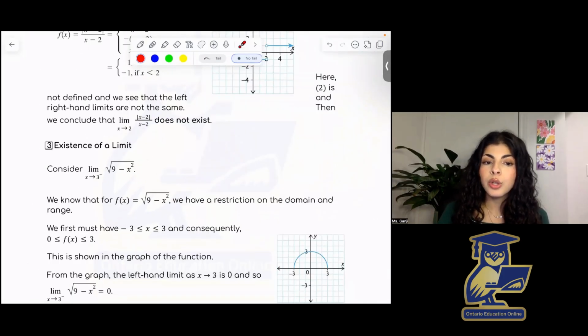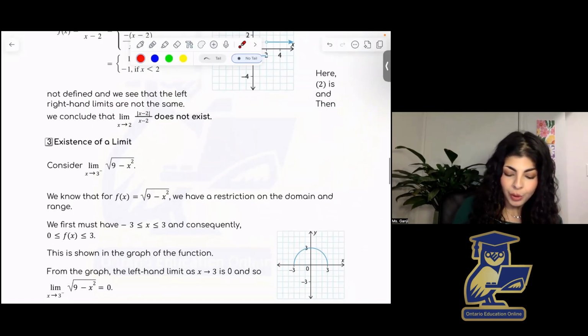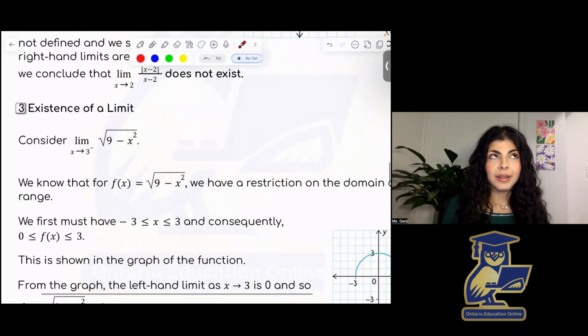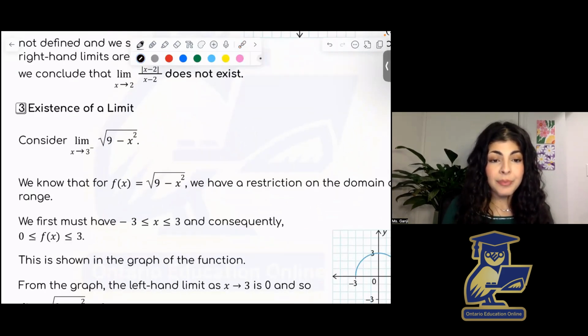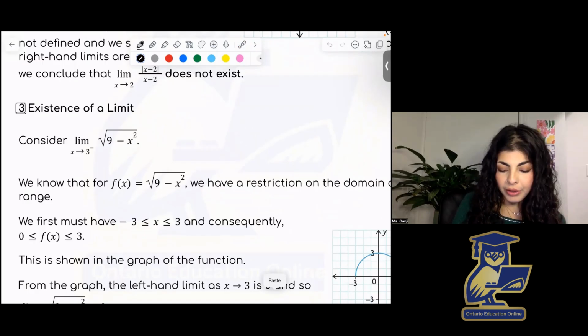So our domain, the values of x, has to be... perhaps let me rephrase it. We know that the square root itself, which is f of x, so your range, has to be greater than or equal to 0.